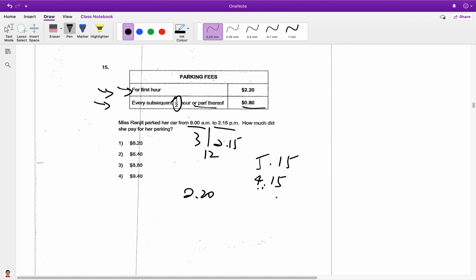And for 15 minutes, we need to count another half hour, because normally this one doesn't count based on minutes, though some parking is based on minutes. But here it's based on half an hour. So the total is 9. 9 times 0.8, plus 2.20, gives 9.40. So this gives the answer.